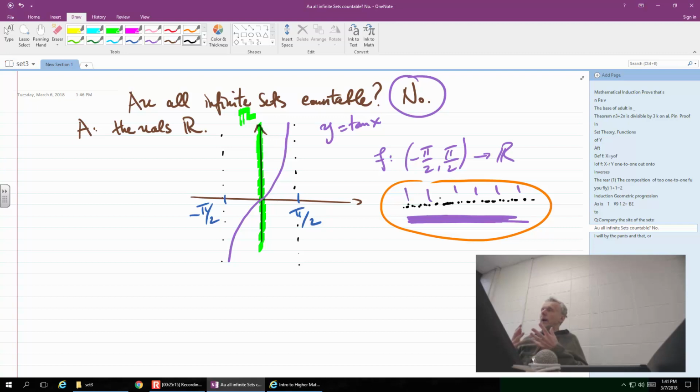polynomials. Well, here's an example that's calculus related. There are countably many power functions. Okay, so 1, x, x squared, x cubed, x fourth, and so on.